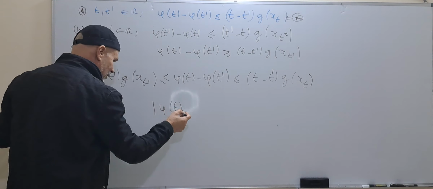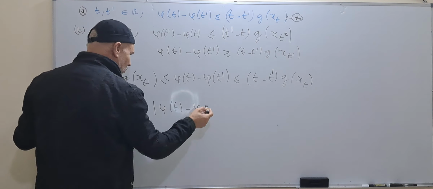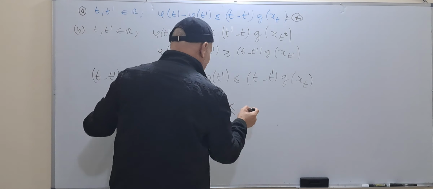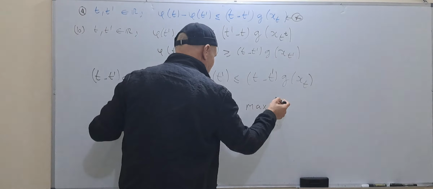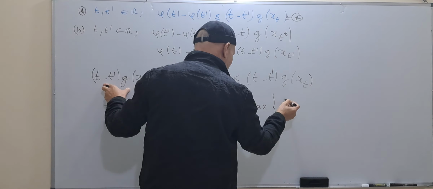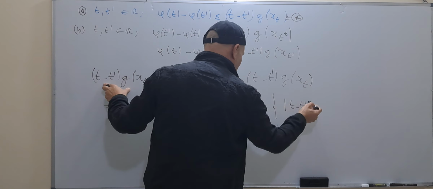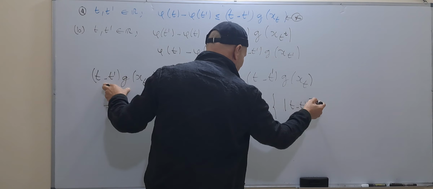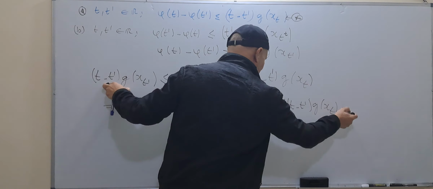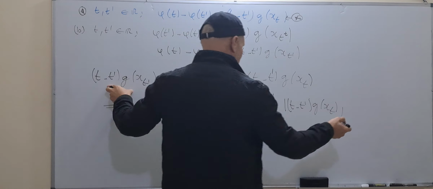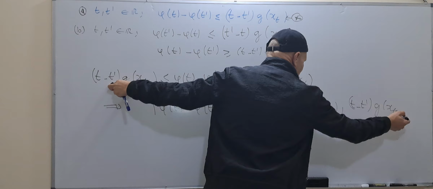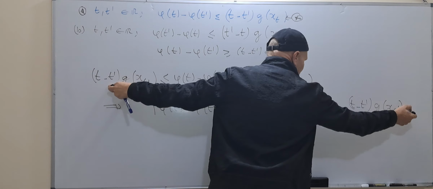the absolute value of phi of t minus phi of t prime is less than or equal to the maximum between this one and this one. I mean t minus t prime g of xt and t minus t prime g of xt prime.